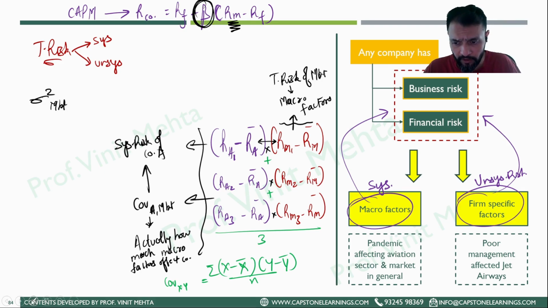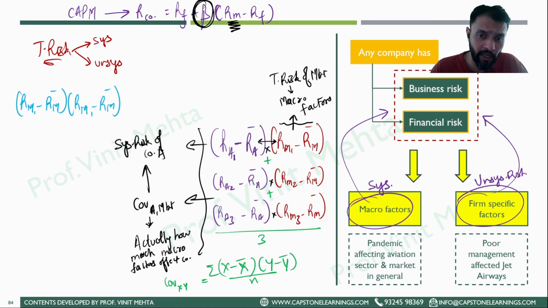And if you don't get this immediately, here's a more elaborate explanation. Can I say I will take return of the market minus the return of the market average, and I will multiply with again return of the market minus the return of the market. Basically, I'm calculating covariance of market with market, which is the macro factor affecting the market return.